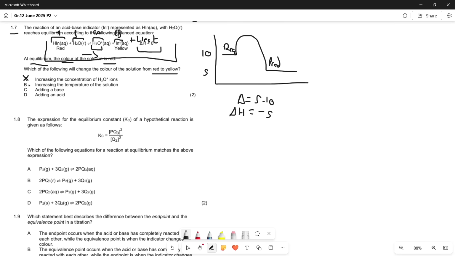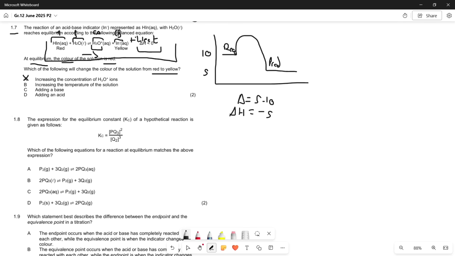So then B over here says increasing the temperature of the solution. So increasing the temperature, as we discussed, this is an exothermic reaction, and that means heat is on our product side over here. So just like this H3O plus ion that was also on our product side, if we increase the temperature in this whole beaker, it means we have too much heat on our product side.